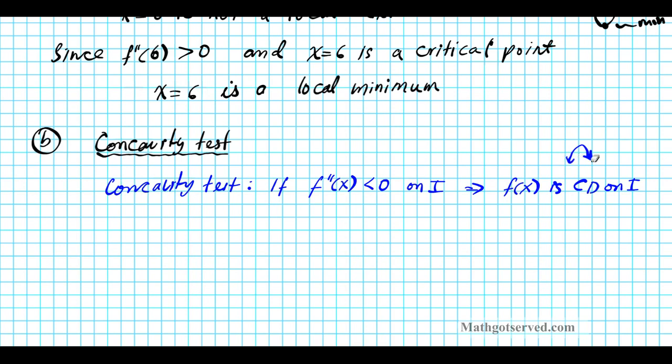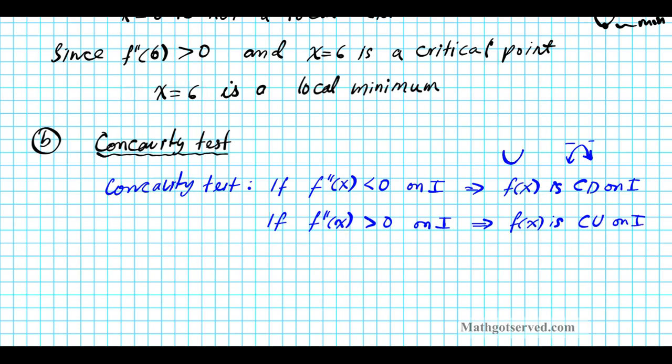And then if the second derivative is greater than 0 on that interval, that implies that the function is concave up on that interval.